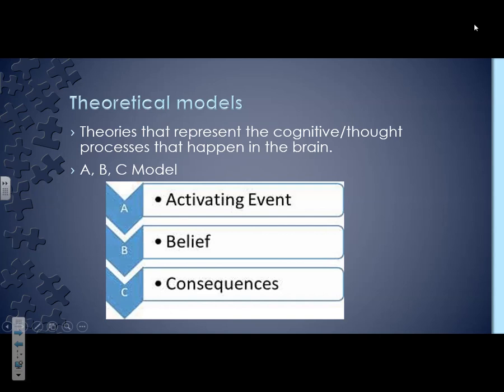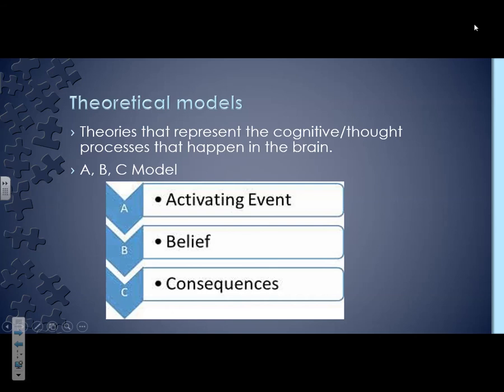Okay, so that's what we look at. So the ABC model, if I cracked somebody's head open and looked inside, I wouldn't see a section for A, a section for B and a section for C. That's why it's theoretical. It represents a process, not a physical structure. The same with the long-term and short-term memory. If I crack somebody's head open, with the multistore model, I wouldn't see a little blob of brain for sensory memory, for short-term memory and long-term memory, and arrows pointing at them in a little loop for rehearsal.